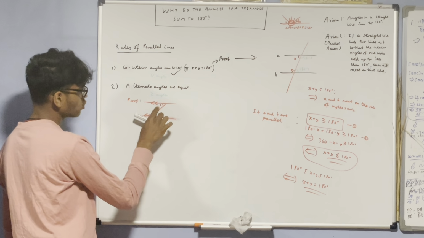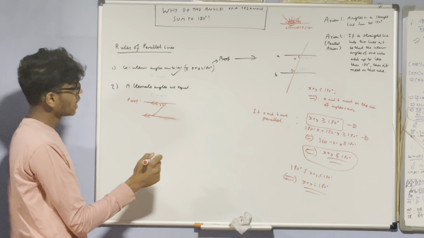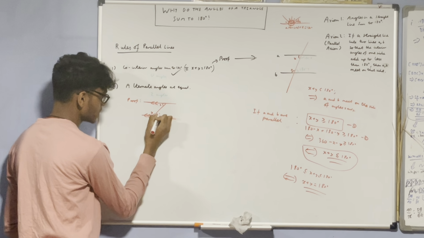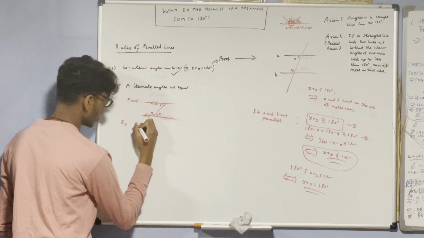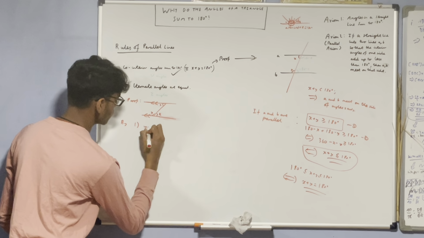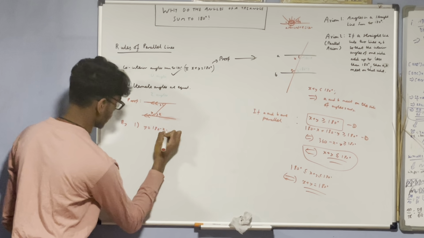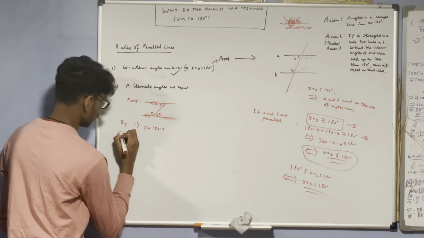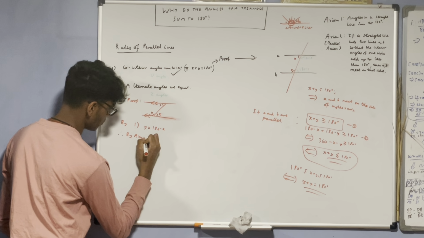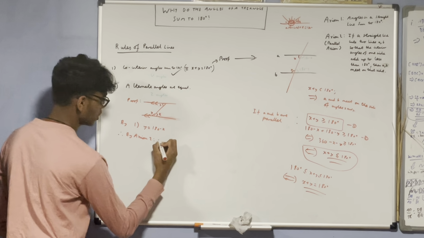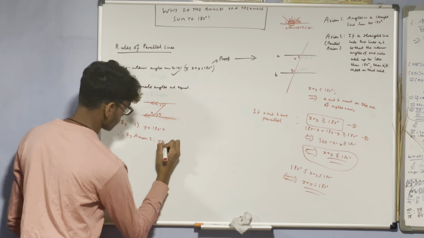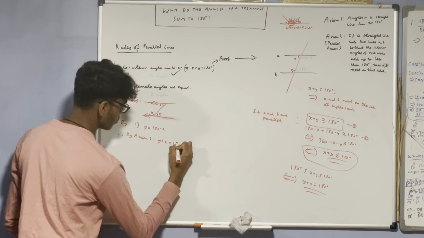I'm going to let this angle be angle X. I'll label these as Y and Z. So by rule 1, which has been proved, Y is equal to 180 minus X. Therefore, by axiom 2, Y plus Z is equal to 180 degrees.